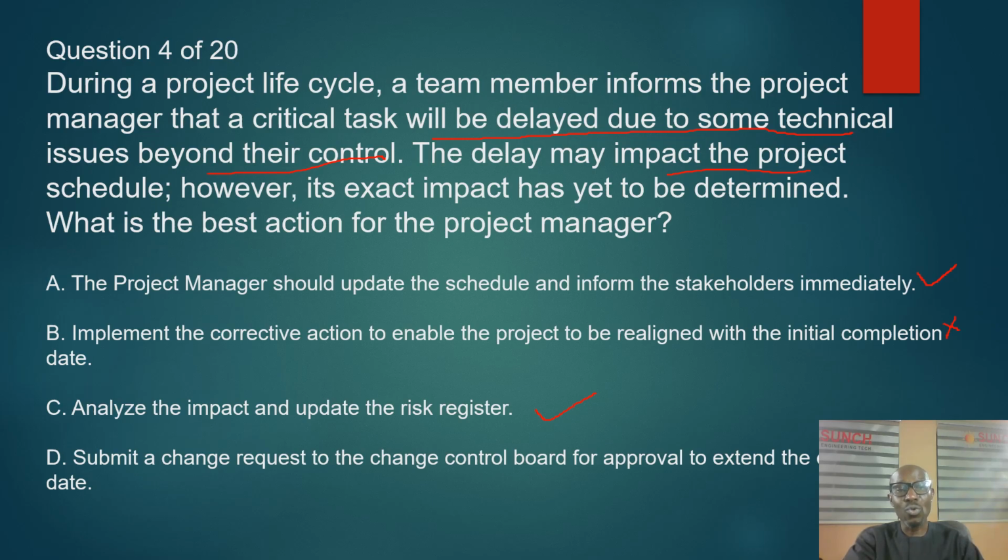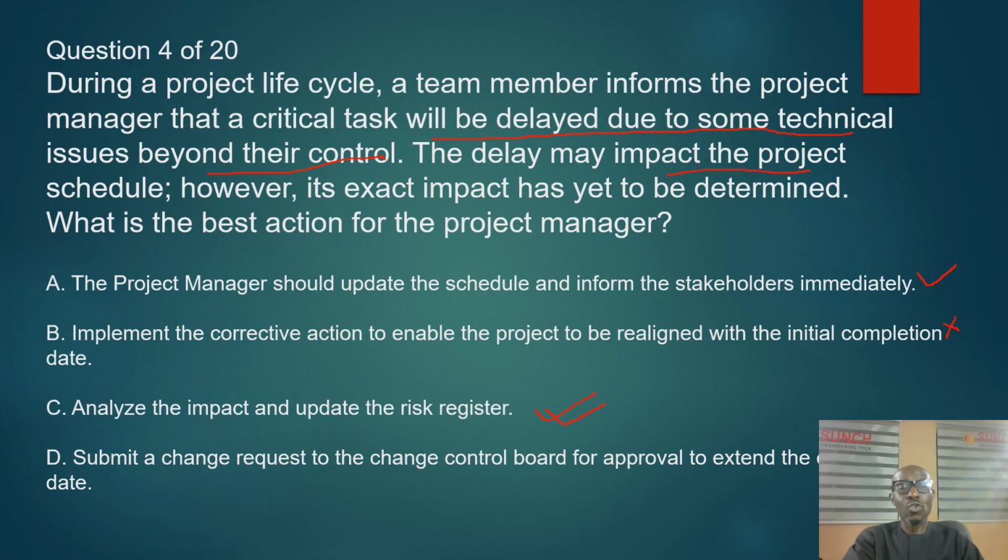So how can you know this exact impact until you have analyzed the issue at stake? You must analyze the issue at stake before you know the exact impact it has on the project. It's only analysis that will help you determine the impact.